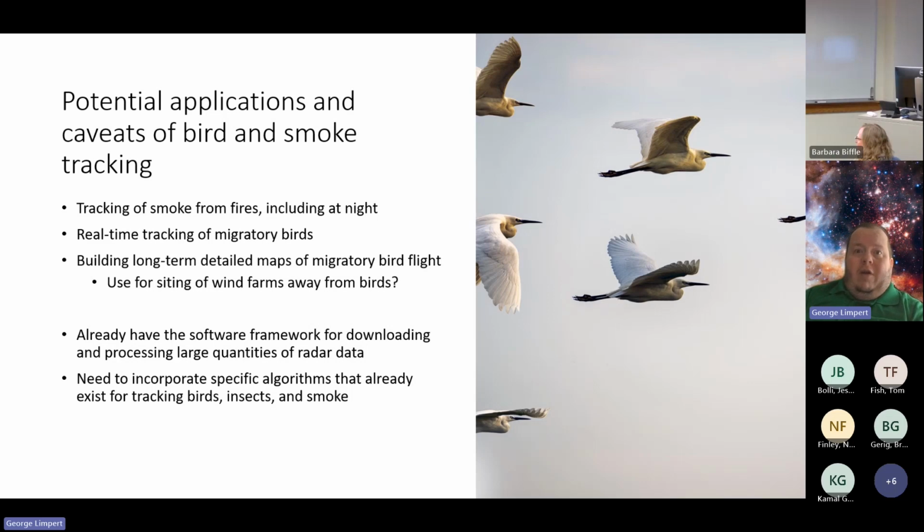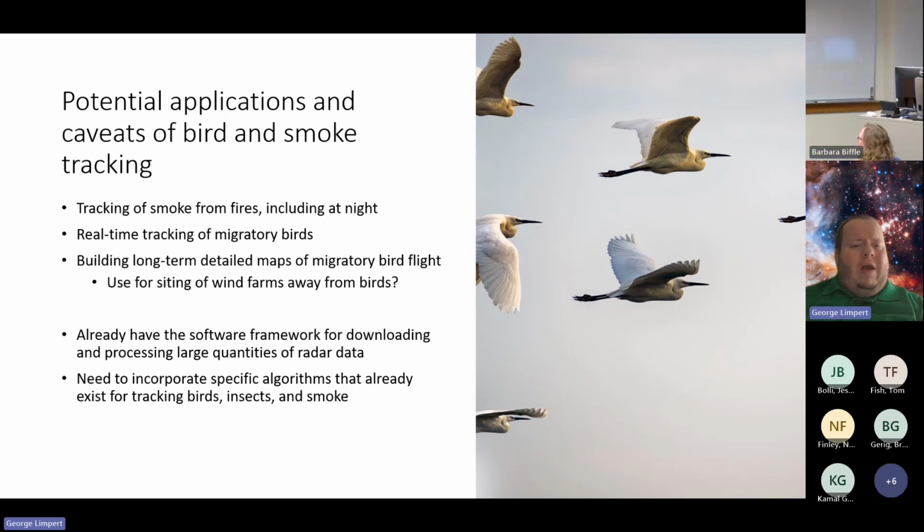And you've probably seen the pictures this summer from New York City, where the buildings were just shrouded in smoke, and it looked like a scene with a sky that would have been appropriate for Mars. So we're going to talk about what can be done using radar to track smoke from fires. One of the good things about this versus using satellite data is it's easier to track the smoke at night as well.